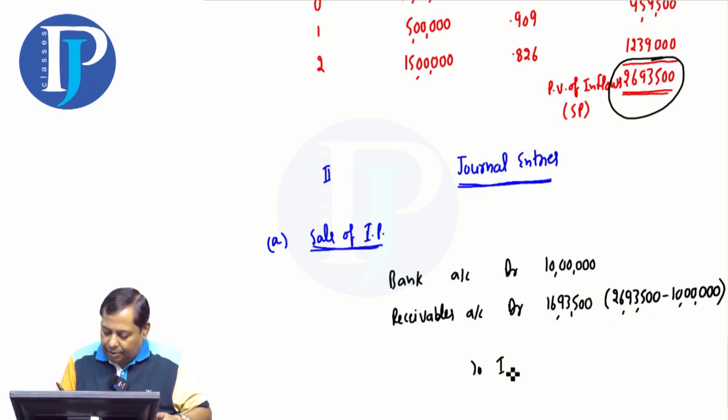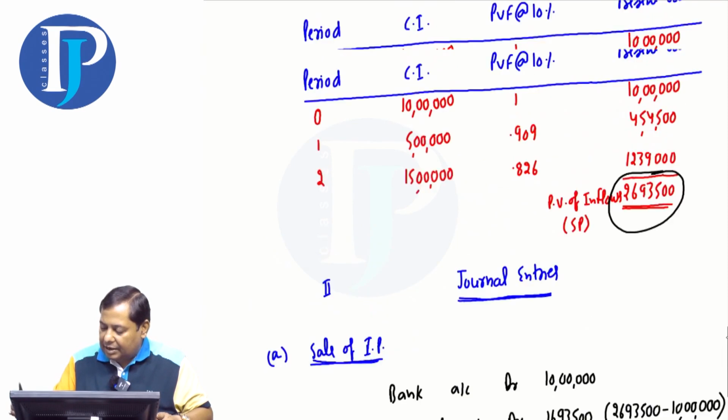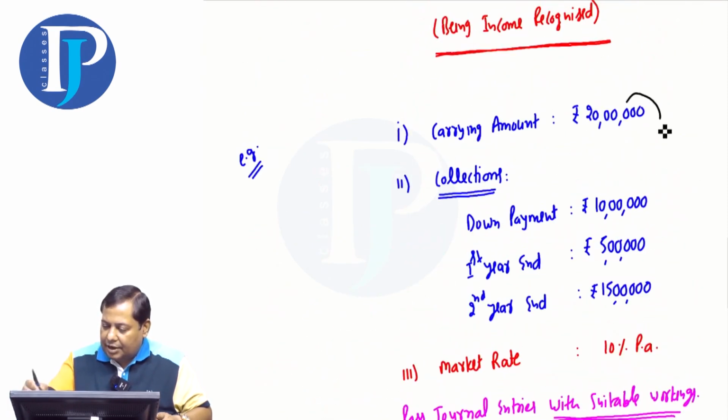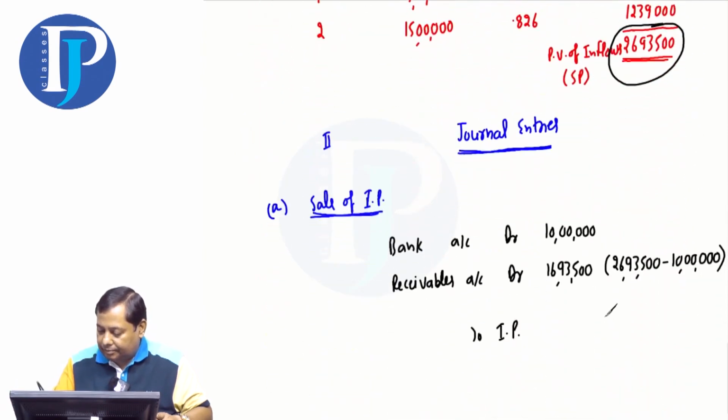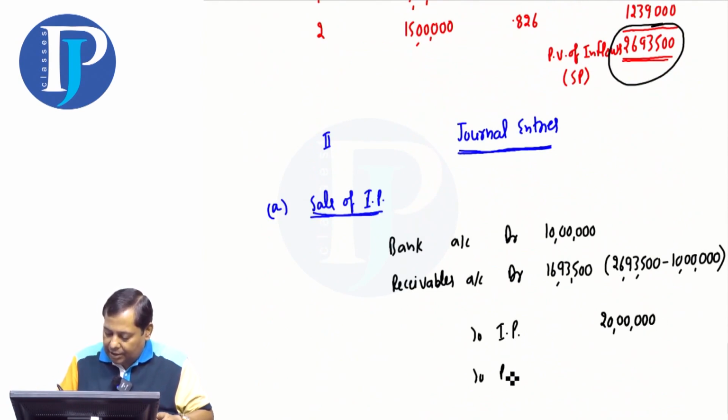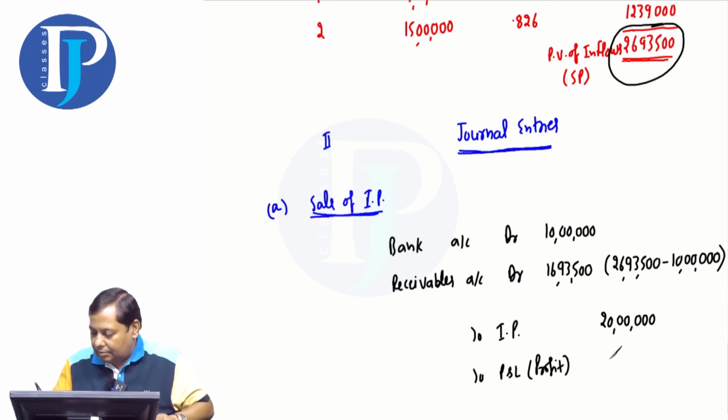I'll write it down so there is no confusion. To investment property, you should check the carrying amount. Carrying amount is 20 lakhs. I will use a shortcut to P&L. We got our profit: 6 lakhs 93,500 is the balancing figure.